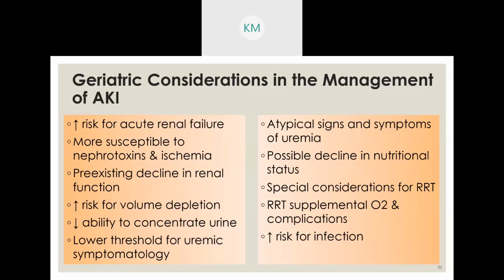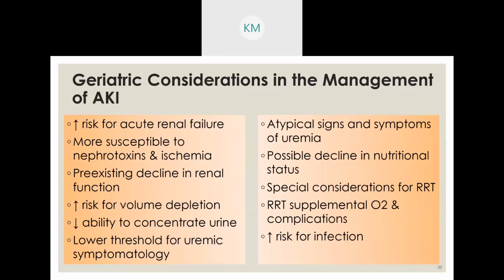Older adults may exhibit uremic symptoms at lower levels of serum blood urea nitrogen and creatinine than younger adults. When you consider atypical symptomology, older adults may present with unexplained exacerbations of previously well-controlled heart failure, for example, unexplained mental status changes, or personality changes.